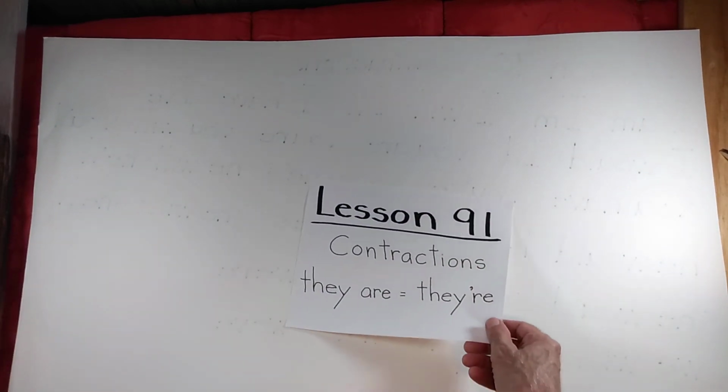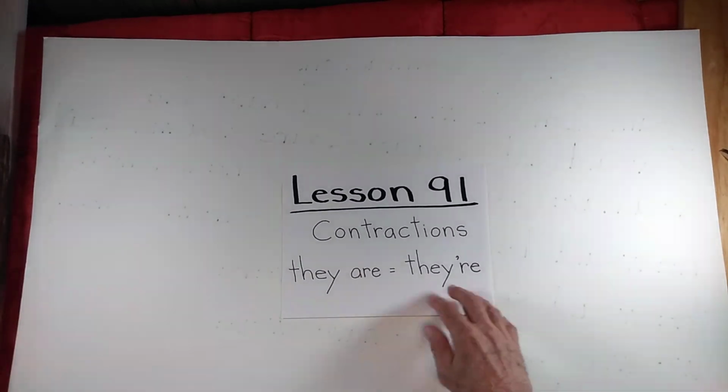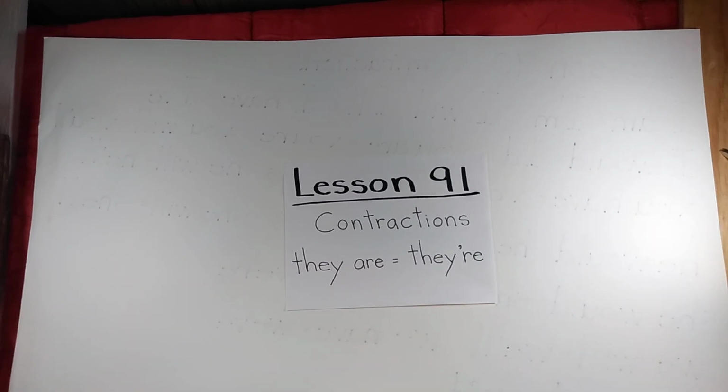In lesson 91, we are going to have more of the same. You mean there are more contractions in English? There are a lot of them. And we're going to be exposed to a bunch more in lesson 91. For example, they are contracts to they're.